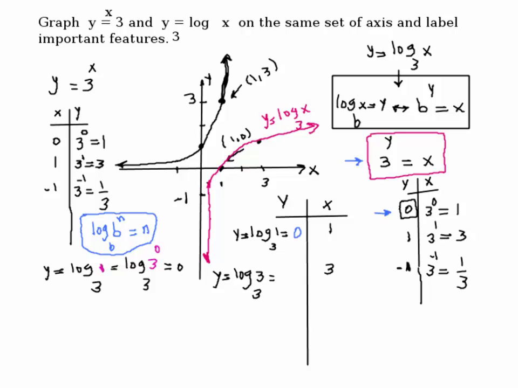Must be equal to 1 according to this here, right? If the base of the logarithm and the base of the exponent is the same, the whole thing would be equal to this exponent. That's the same thing we have here. So if I place this exponent here, it must be 1, right? This is 1. So this whole thing must be equal to 1. And that also confirms this scenario.